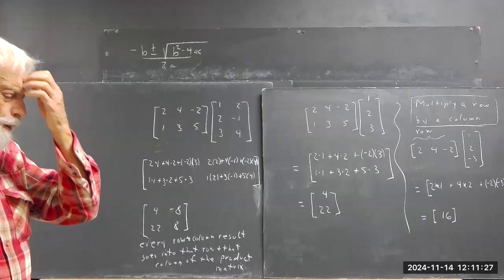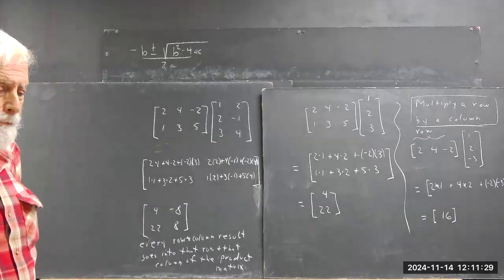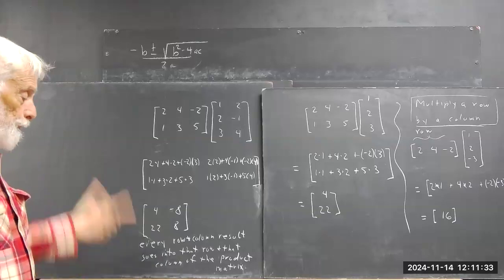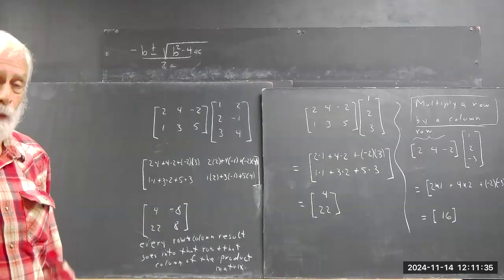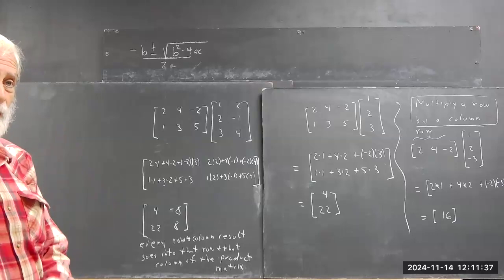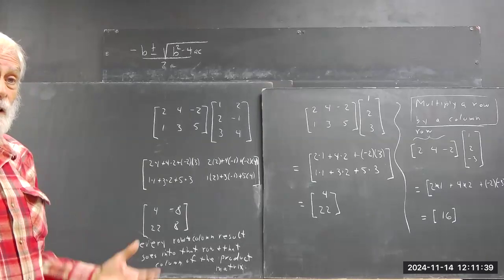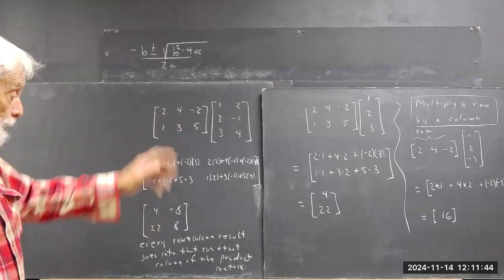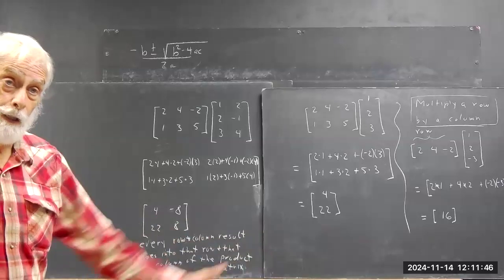Now you're going to see notation probably in your text that confuses all this. Well, that notation is important because it's a more rigorous definition of what you're doing than just waving my hands and saying the row times column thing goes into that row and that column.